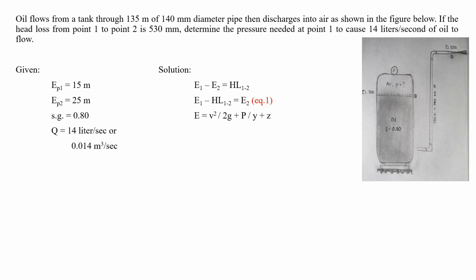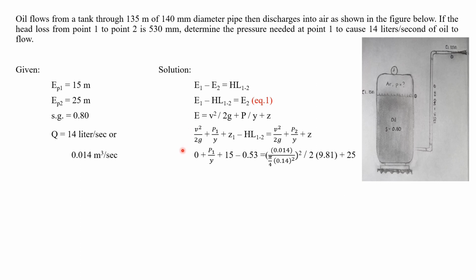And what we learned from our class, we know that energy head is equal to velocity squared over 2g plus the pressure over the specific weight plus our potential energy due to position, which is represented by z. Putting this into our equation, we will now have v1 squared over 2g plus p1 over specific weight plus z1 minus head loss 1 to 2 is equal to v2 squared over 2g plus p2 over gamma plus z2.